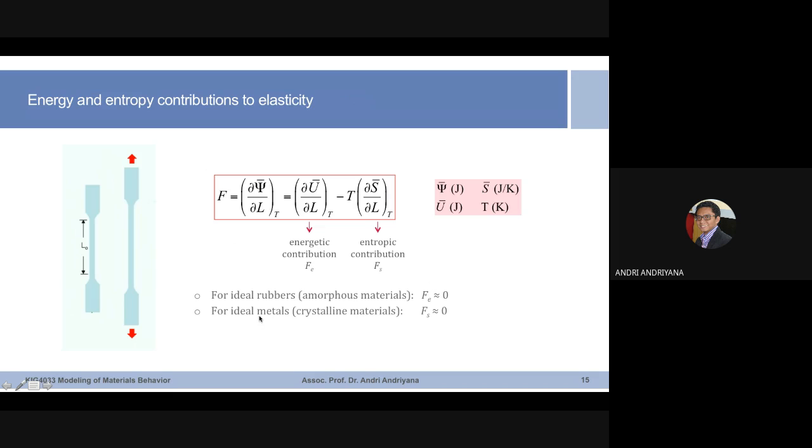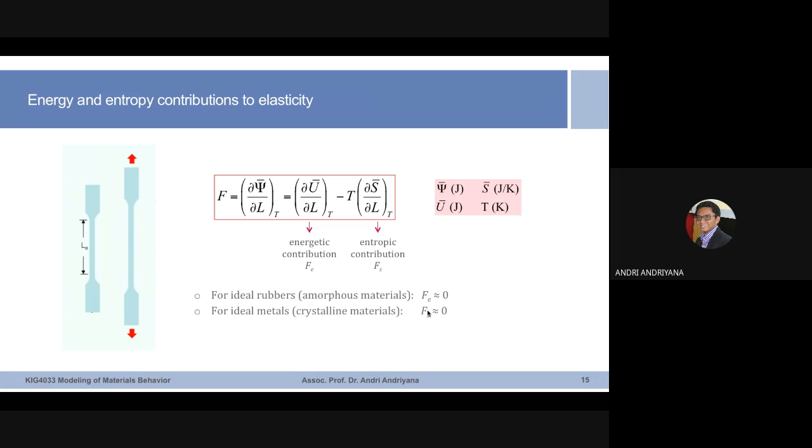In the case of crystalline materials, such as metals, the entropy contribution is 0. So the elasticity in rubber is often called entropic elasticity because the deformation is associated with the change of entropy only. While in metals, crystalline materials, the elasticity can be attributed only to the change of internal energy. That is why it is called energetic elasticity.